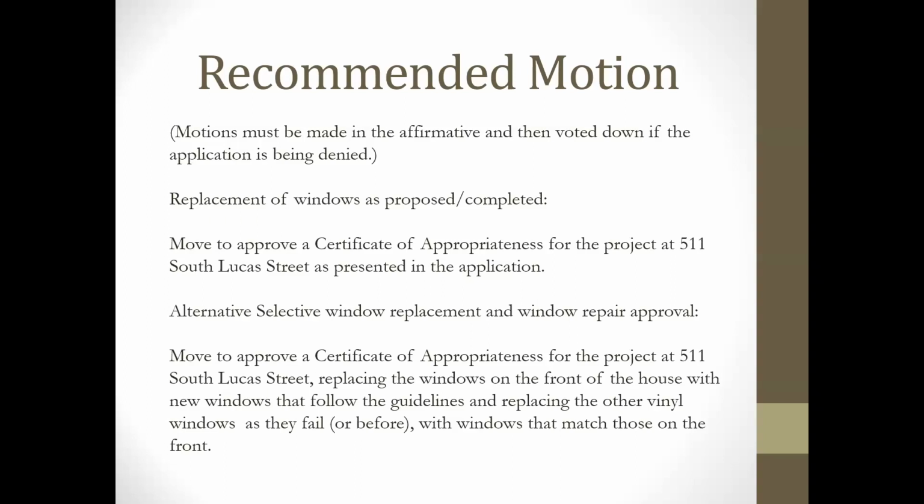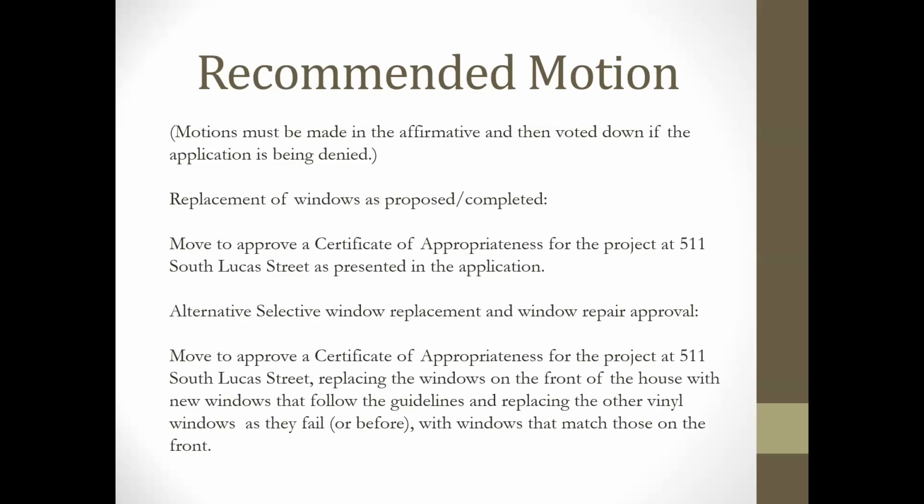they would like to. This last part takes away that possibility so that there is no misunderstanding that they can continue to use vinyl in the future when they need to replace it. So this allows them to just do the front of the house and replace the rest in time. If you're not comfortable with that, you could put further stipulations on it.